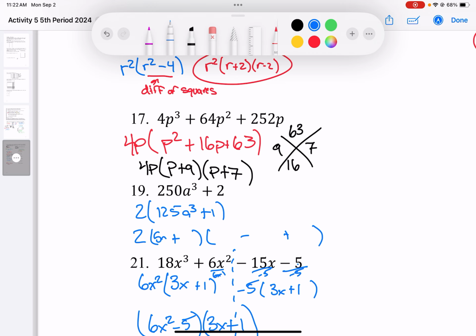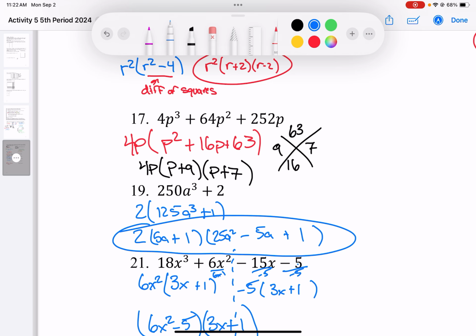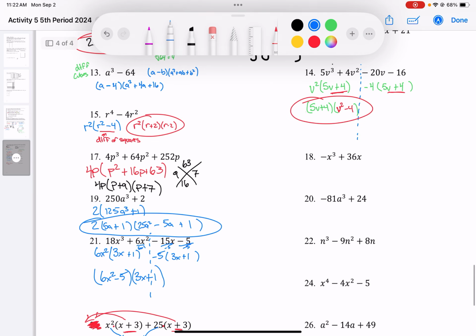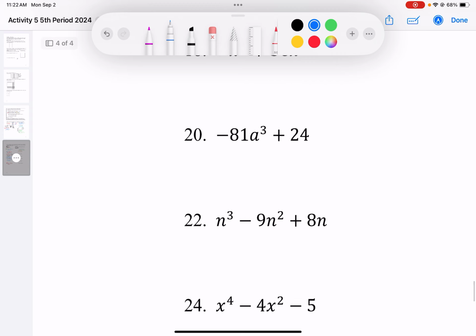So we've got 5a plus 1. Then we'll have 25a squared. And then 5a times 1 is minus 5a. And then this last one is just 1 again. So we need to be able to see and kind of recognize those perfect cubes, because there's going to be a lot of them, including this one.